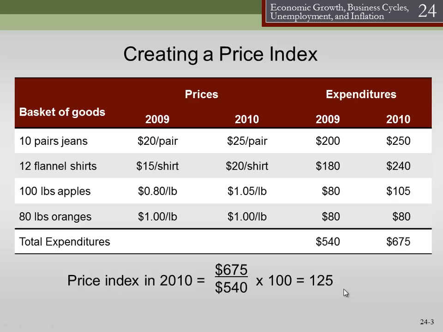Now what that means is that the price level in 2010 is 125% of the price level in 2009, or prices went up by 25%. Or you can think of that as the inflation rate was 25%, which would be pretty darn high, actually. At least for the U.S. it would be.